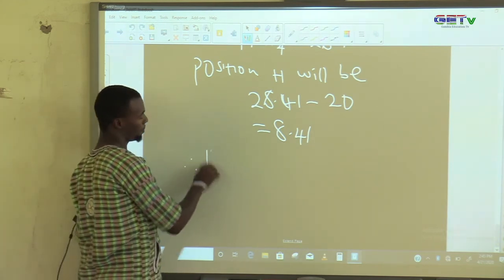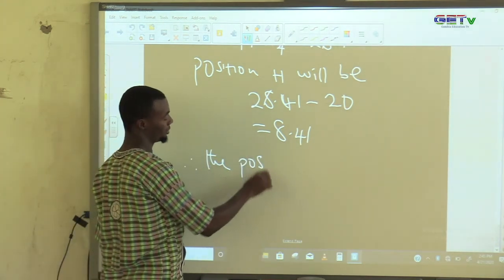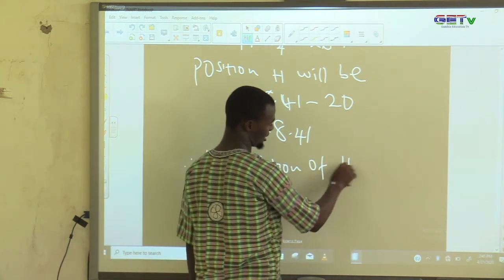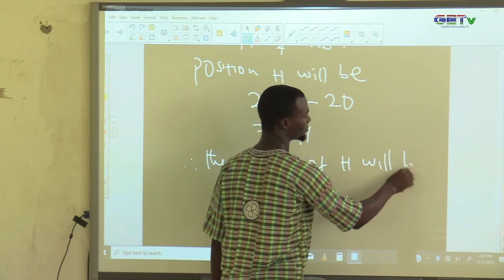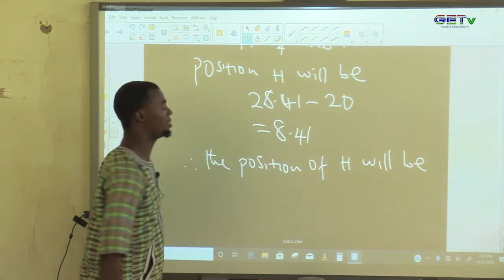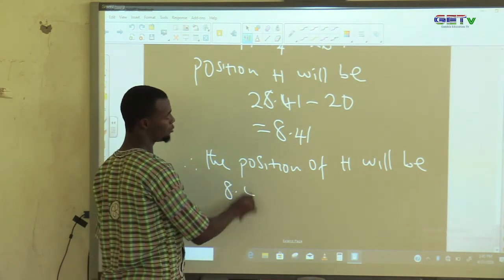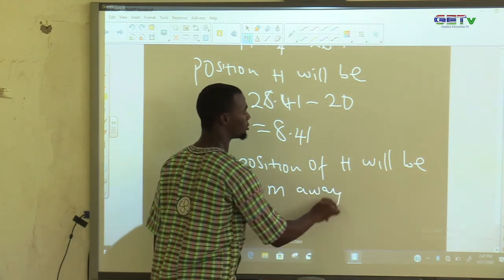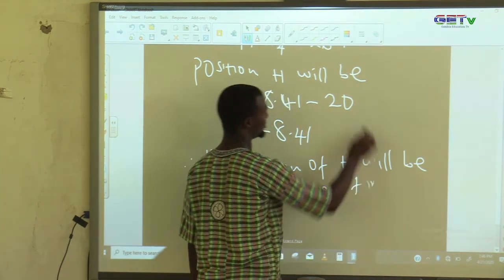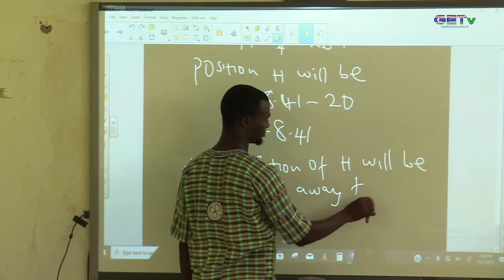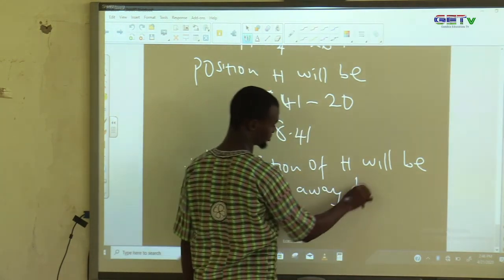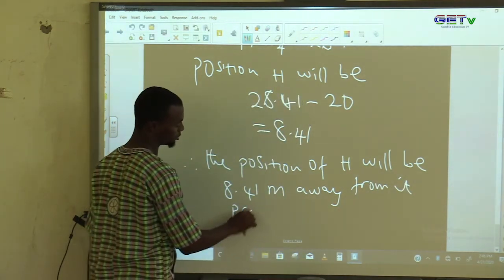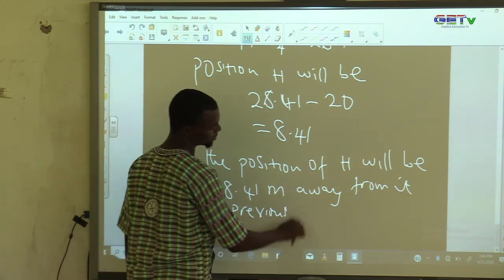So the position of H will be 8.41 meters away from its original position, or its previous position.